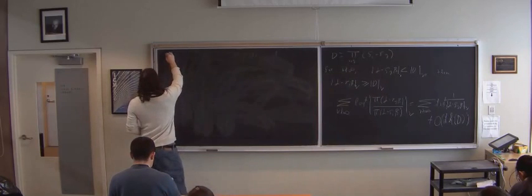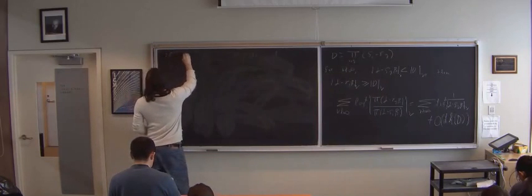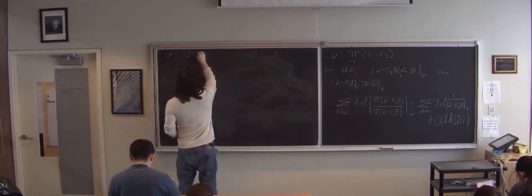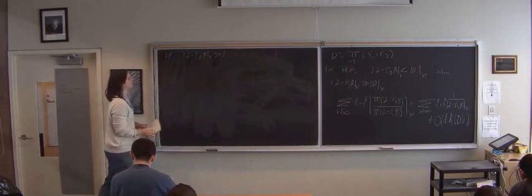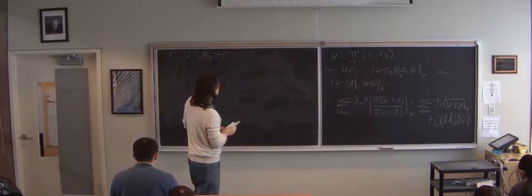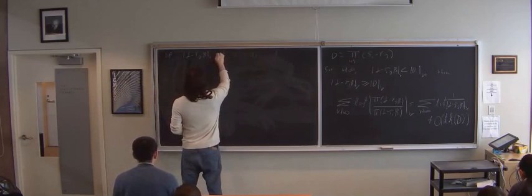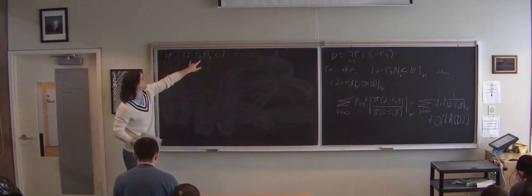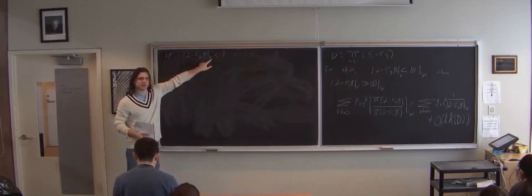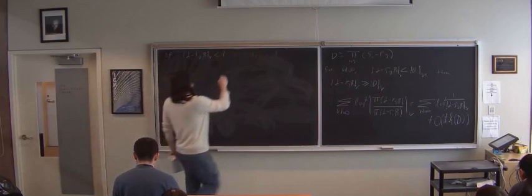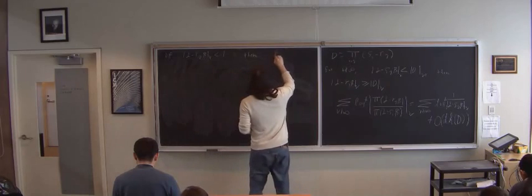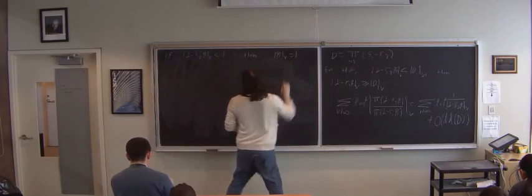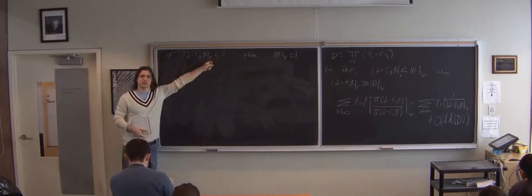It's also important to us that because alpha and beta are relatively prime, if this is less than 1, so if this is divisible by the finite prime v, then beta can't be divisible by v, because otherwise alpha would have to be as well, and we assumed they're relatively prime.